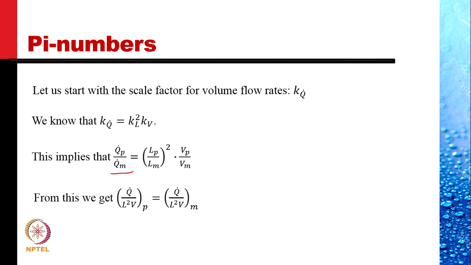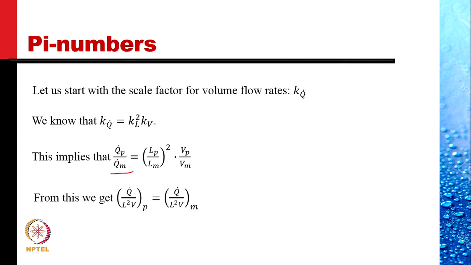And from this, by rearranging, we get Q dot divided by L square V for the prototype must be equal to Q dot divided by L square V for the model. The characteristic nature of these quantities involved is understood. We do not write sub C all the time.